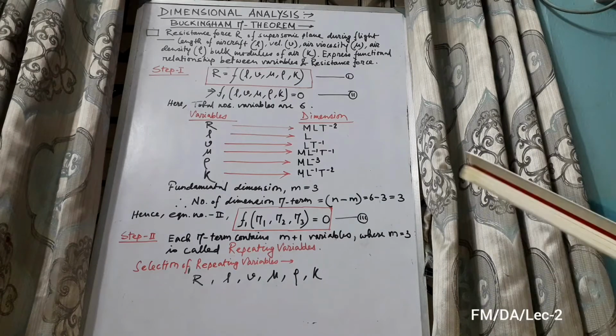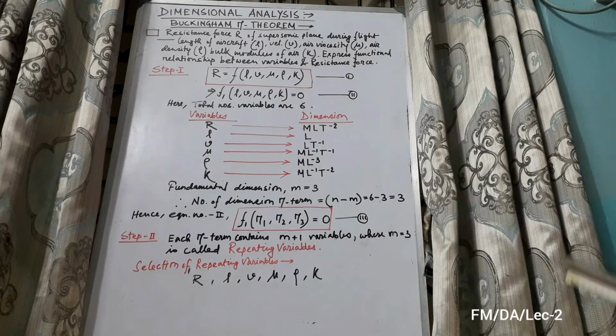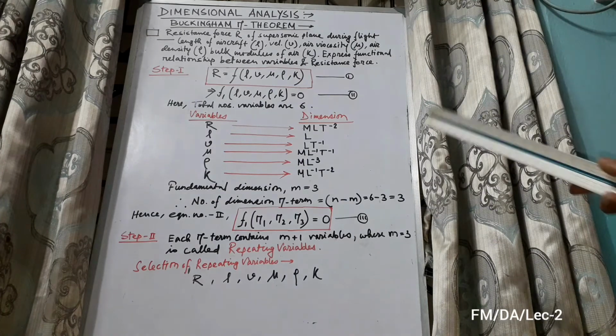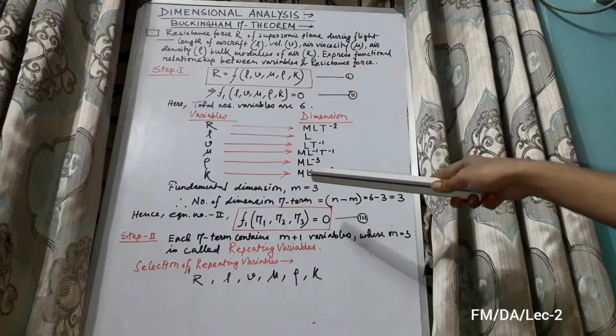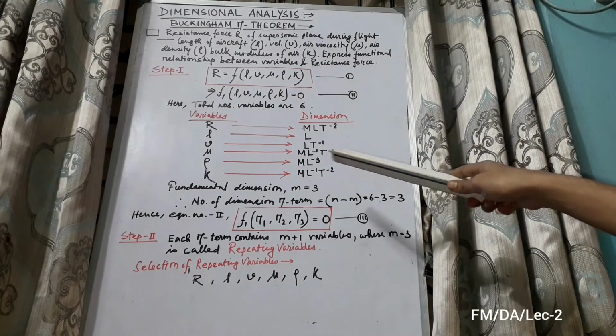When we discussed Buckingham Pi theorem, we said that the number of fundamental dimensions is denoted by m.